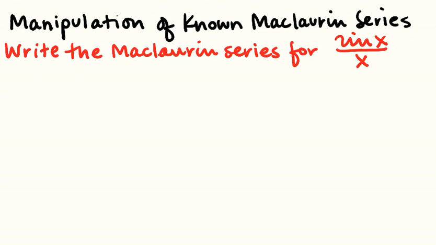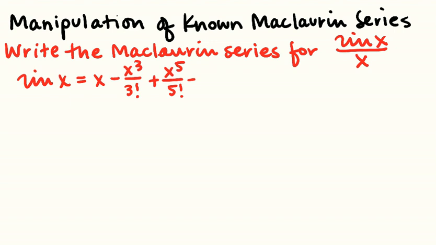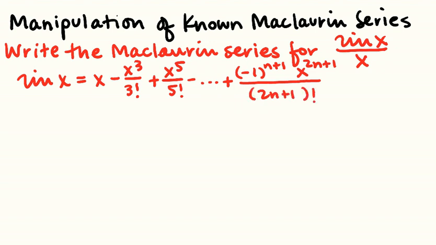So sine of x is equal to x minus x to the 3rd over 3 factorial plus x to the 5 over 5 factorial minus x to the 7 over 7 factorial all the way up to -1 to the n, x to the 2n plus 1 over 2n plus 1 factorial, if we're starting at 0.